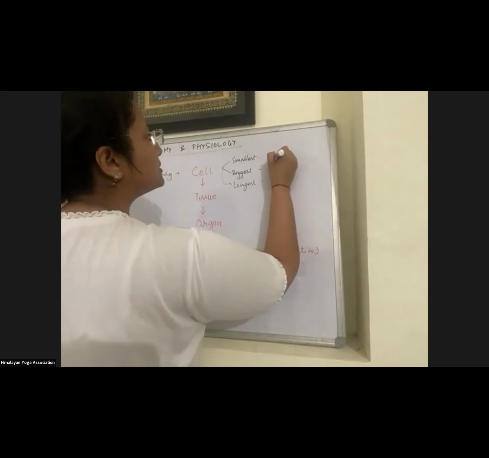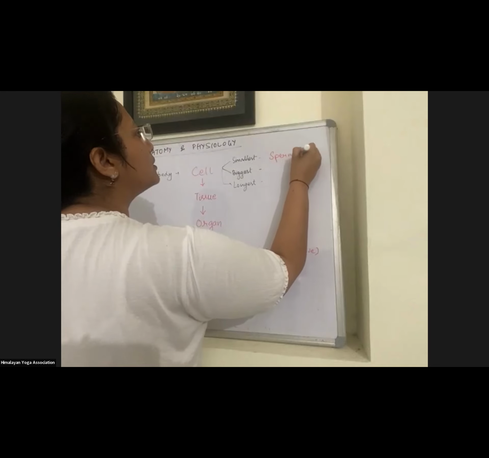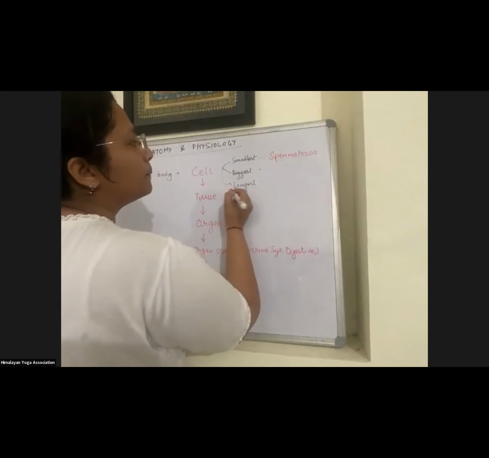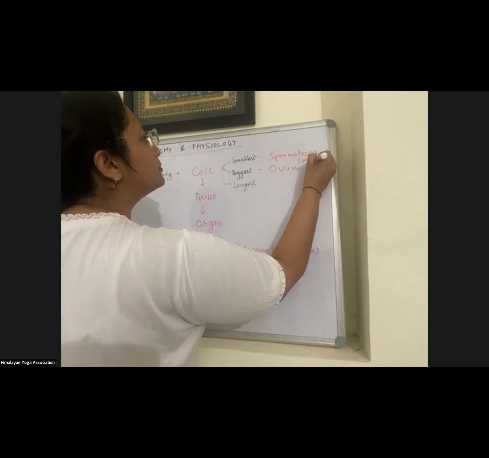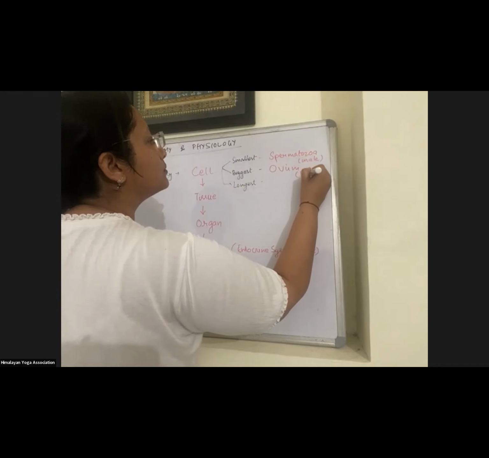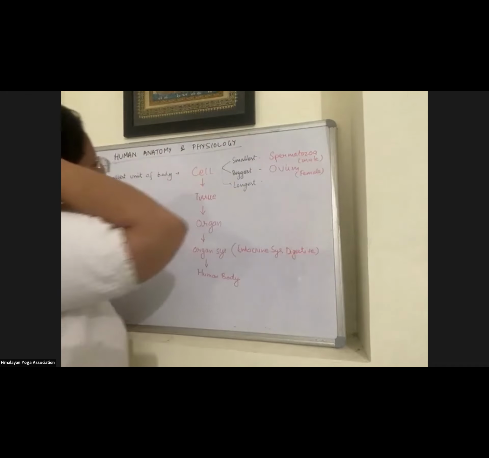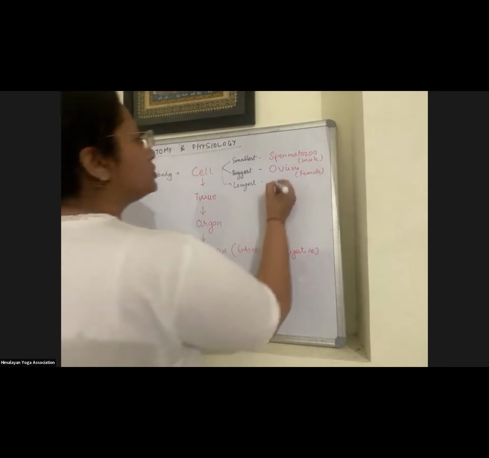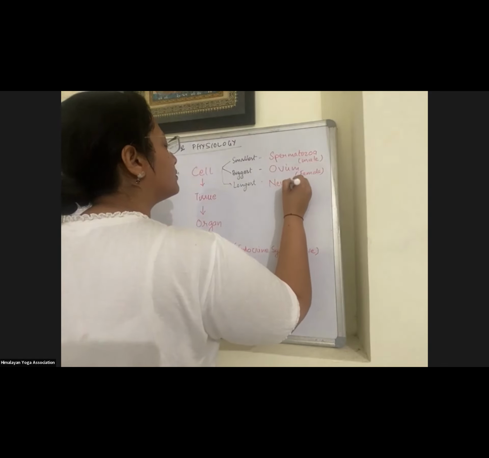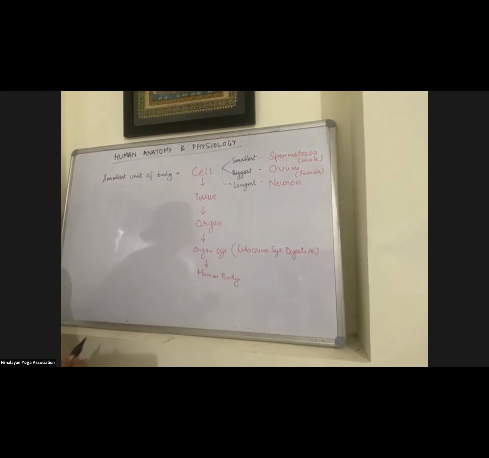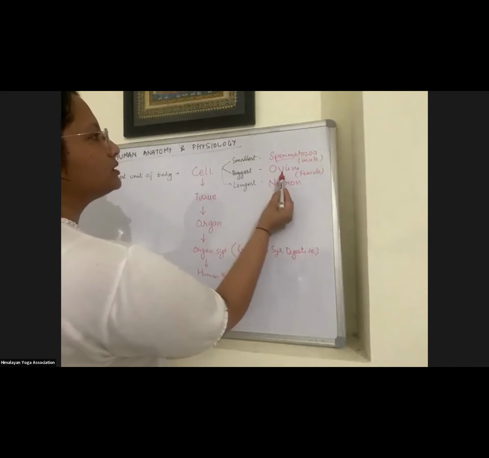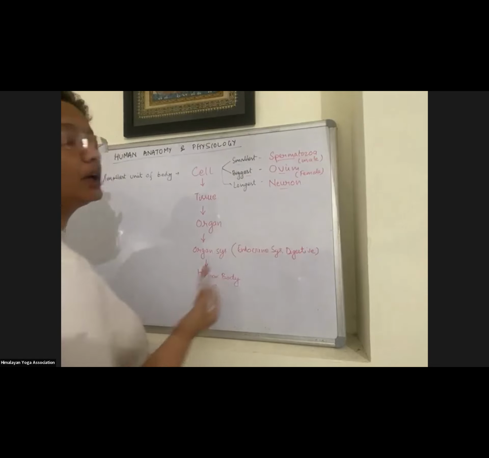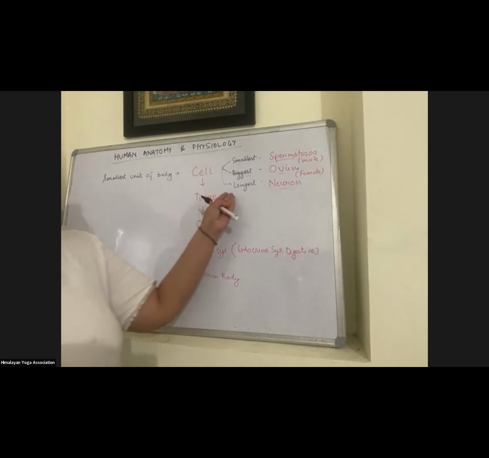Smallest is, biggest is, and longest is, okay. The male cell is the smallest, the female cell is the biggest, and the neuron of the nervous system is the longest.